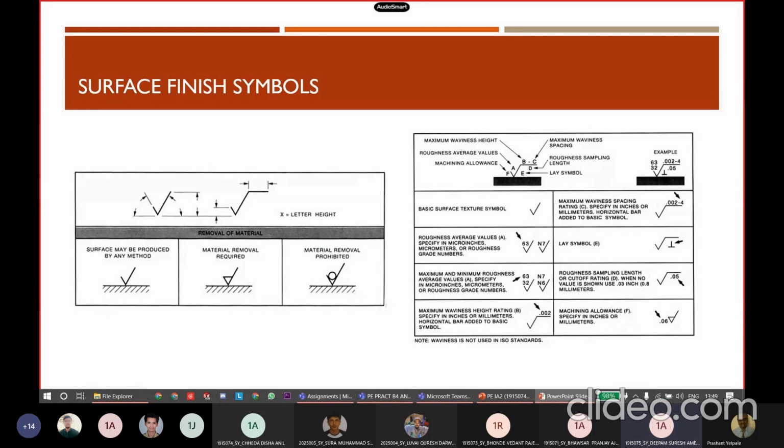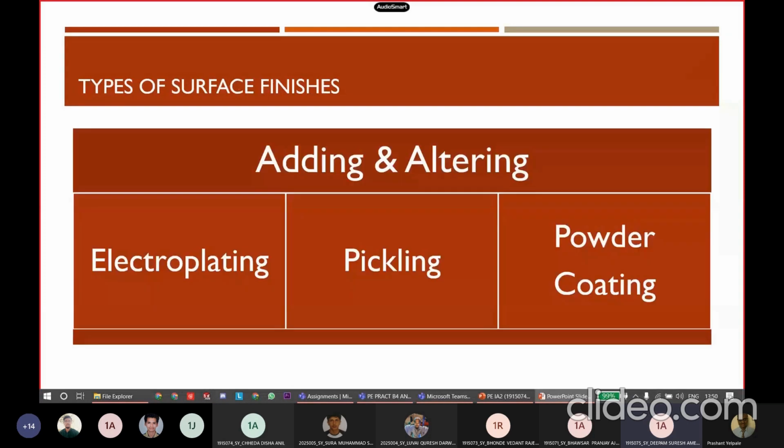It's not as if the whole part has to be finished using the same method. Different surfaces of the same part can be finished using different methods. So each surface is marked with a distinct symbol, and we can refer to that symbol and go about finishing the surface. Further, Aditya will be explaining different types of surface finishes.